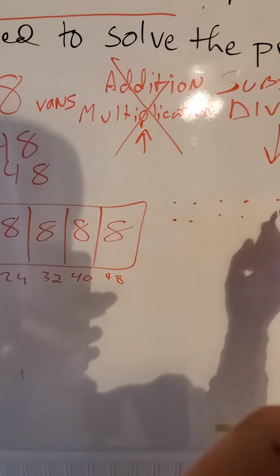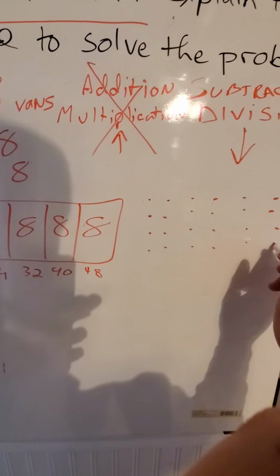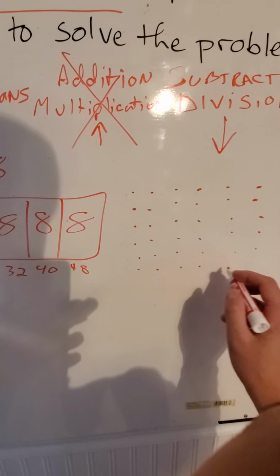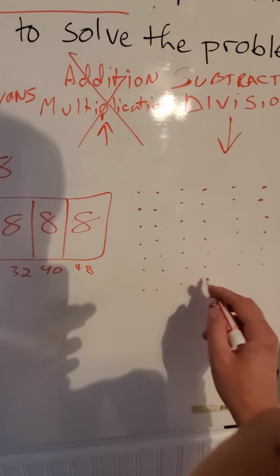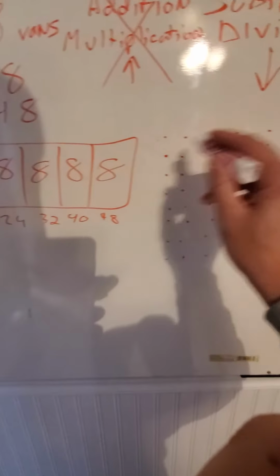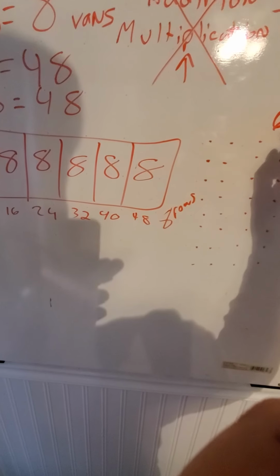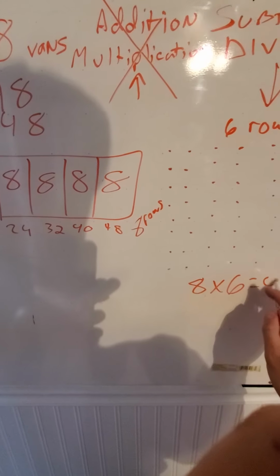That's 12, 18, 24. 8 rows of 6. 8 times 6 equals 48.